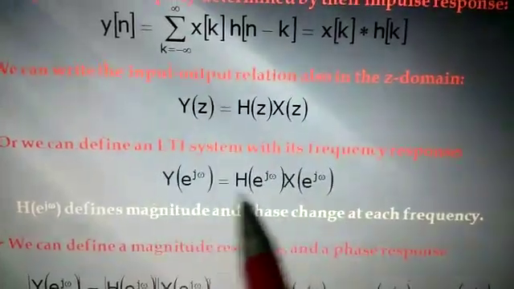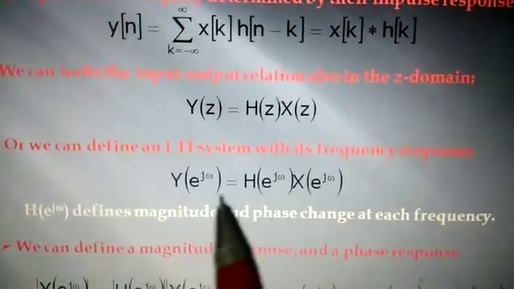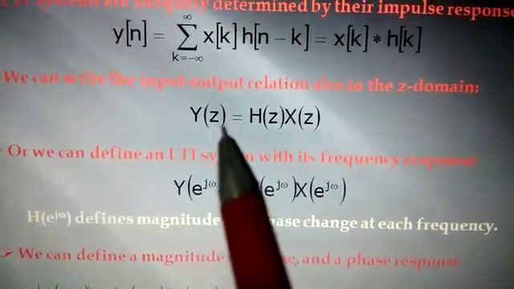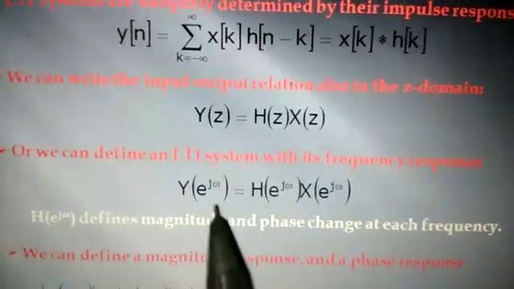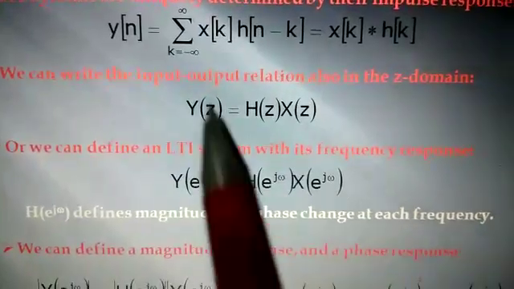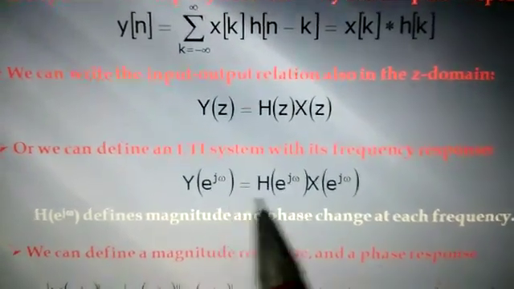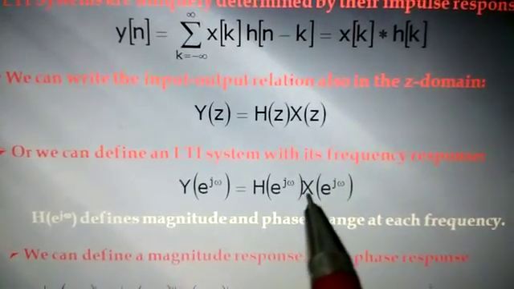Or I can say this equation is in terms of the Fourier transform, where omega is the frequency, and hence there is a relation between the Z transform and the Fourier transform also. We put z equal to e^jω and we can obtain the Fourier transform.